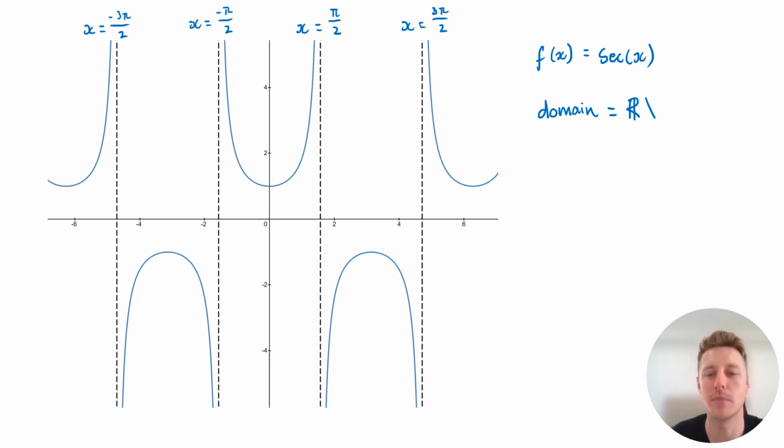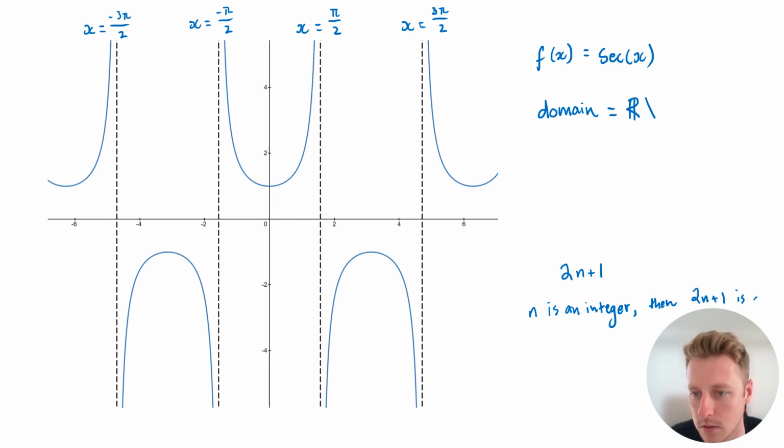So how in maths do we talk about an odd number? Well, if I say 2n plus 1, where n is any integer, then 2n plus 1 is odd. And we can think about that for a second.